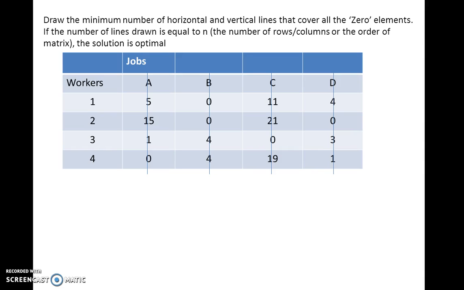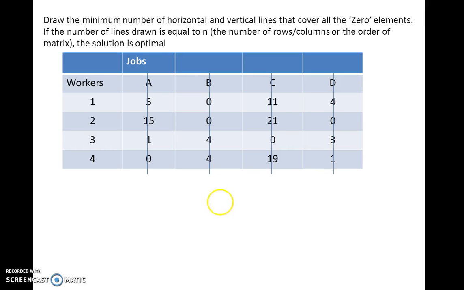Either you draw horizontally or vertically, you are always going to get 4 lines, which is minimum. Now the number of lines that we have drawn is 4, and the number of rows or columns, or the order of the matrix, is also 4. So this is the optimal solution that we have got.